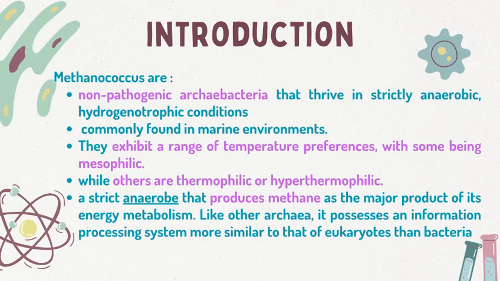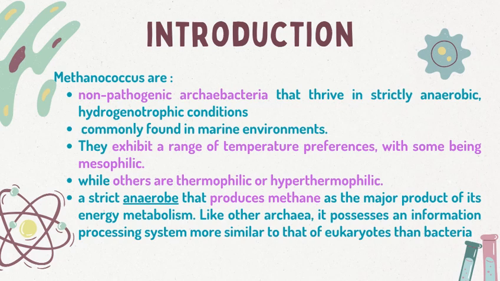Now, let's talk about their temperature preference. Methanococcus is a temperature connoisseur, showcasing a range of preferences. Some prefer moderate temperature, earning them the title mesophilic. One of the most intriguing aspects of Methanococcus is energy metabolism.